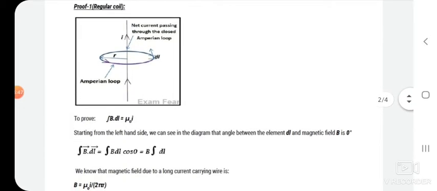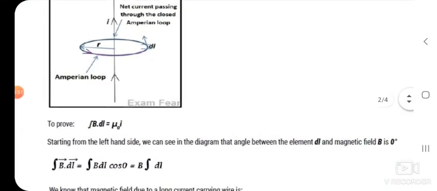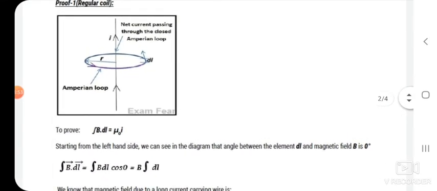First, we will prove Ampere circuital law for a regular coil, in which we consider an Ampere's loop with radius r and current flowing perpendicular to the plane of this loop, and dl is the small length element of that loop.